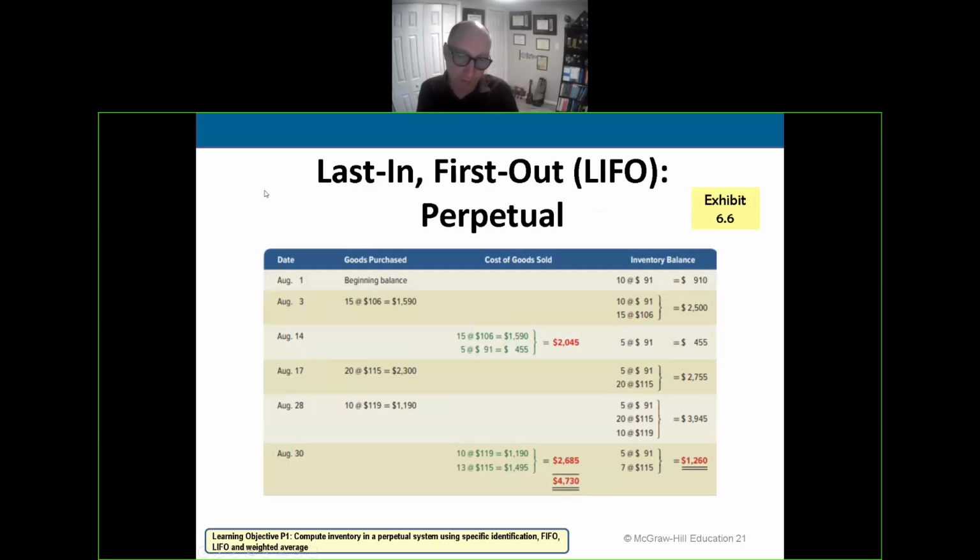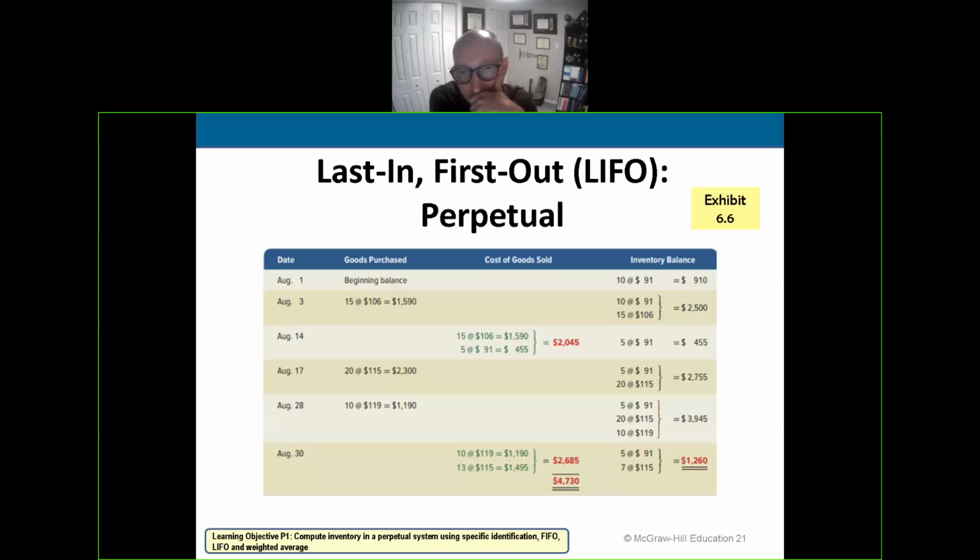So last in, first out. According to the last in, first out method, I'm going to sell the last amount first. Now the beginning balance is always the same. The purchases will be the same, but I want you to look at the sales.